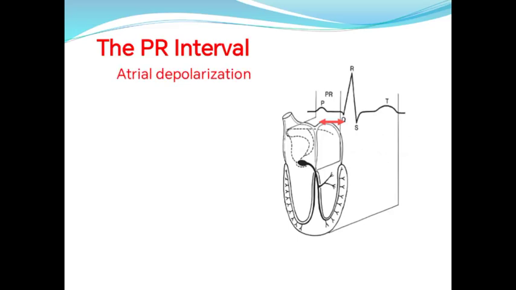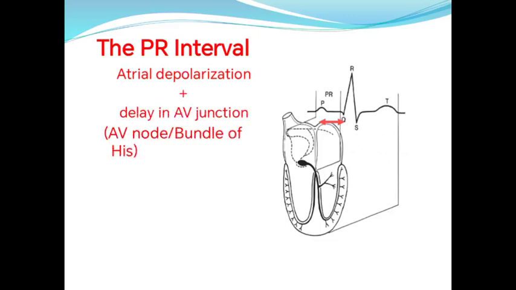It represents atrial depolarization, this dotted line here, plus the delay in the AV junction, the AV node and the bundle of His.